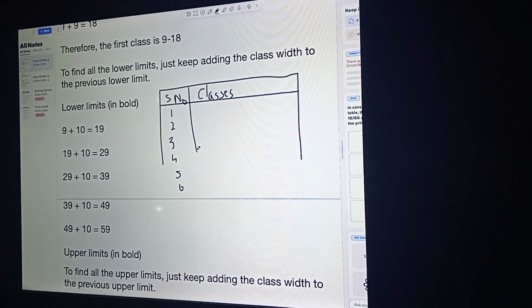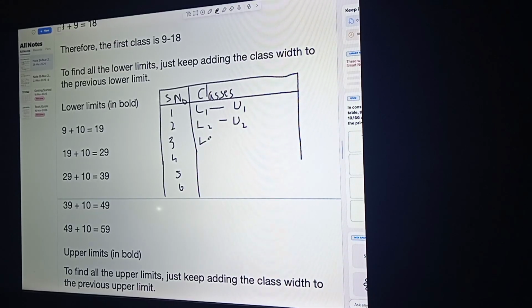Then what should be the lower limit of this first class, L1, and what should be the upper limit of this first class? Now what should be the lower limit of this second class, and what should be the upper limit of this second class?